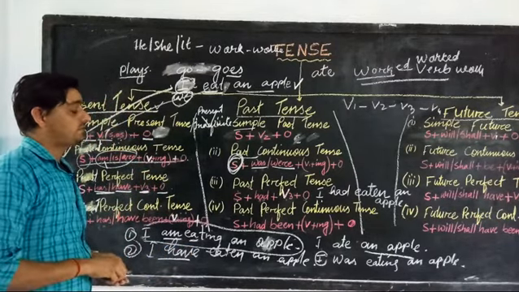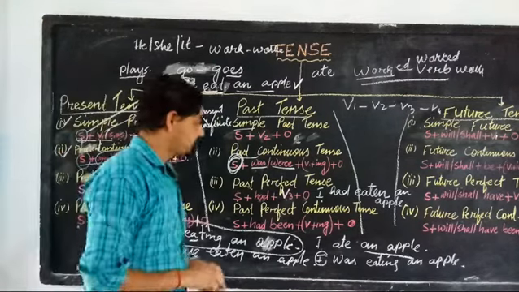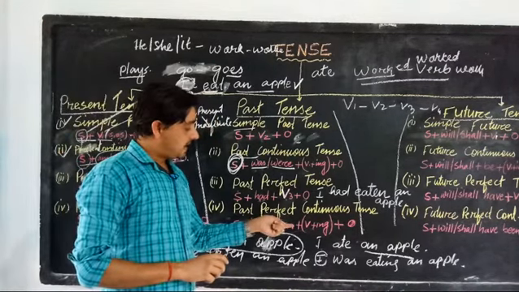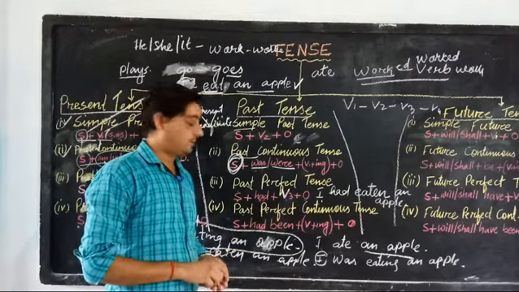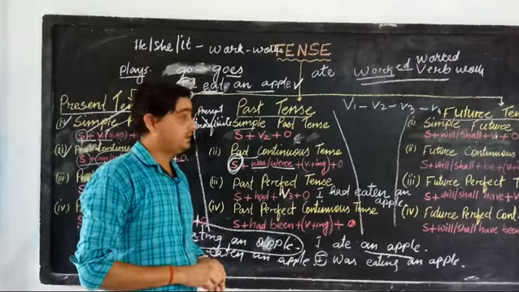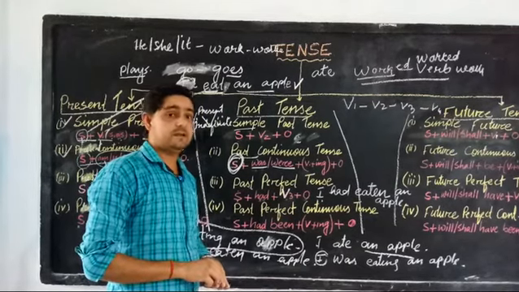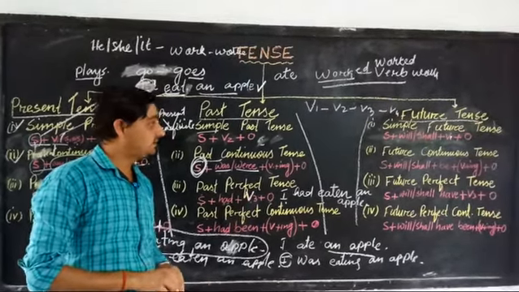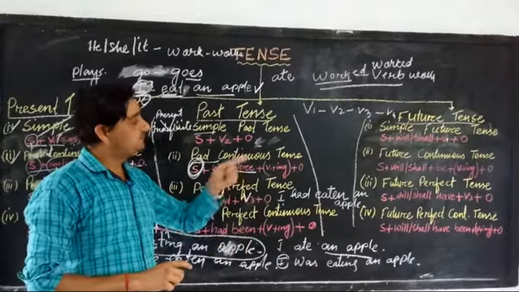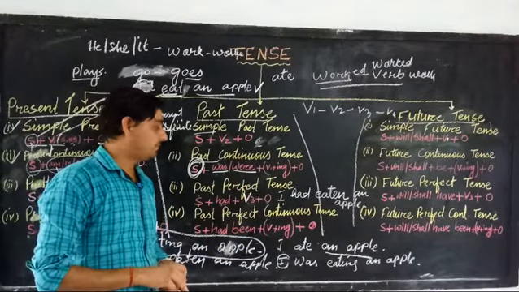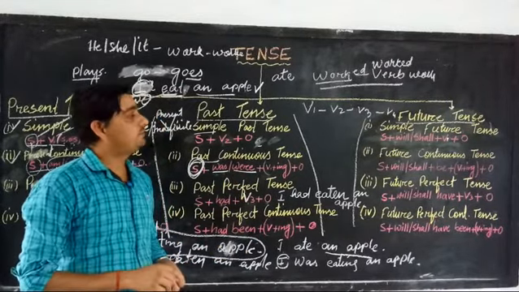How will we write it in simple future tense? I will eat an apple. Or she will eat an apple. So in this way we will write.